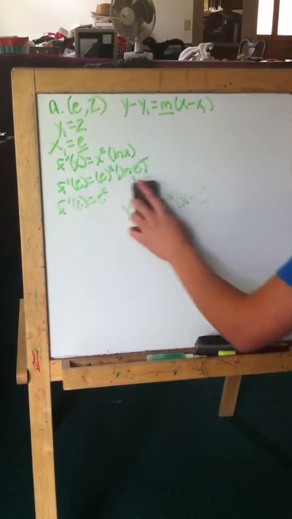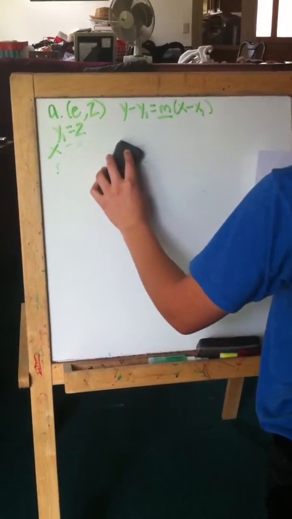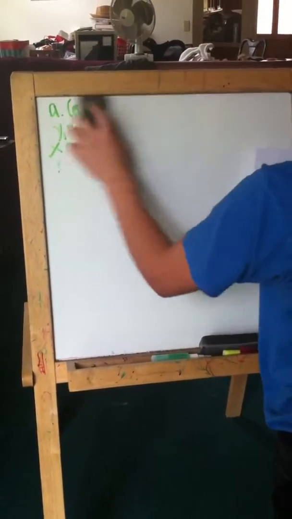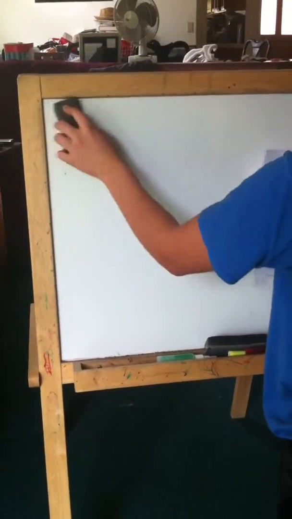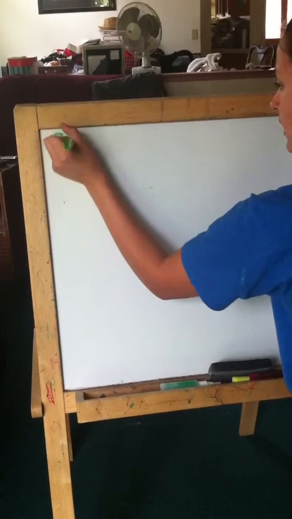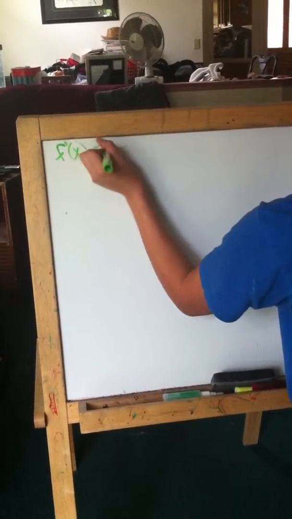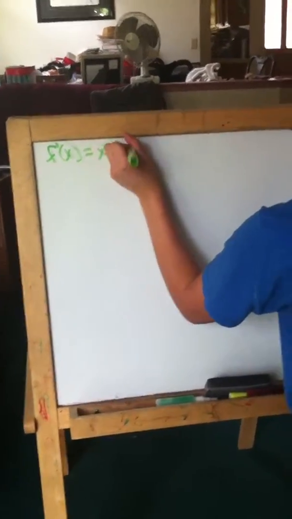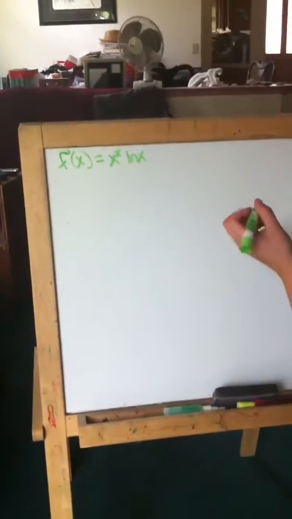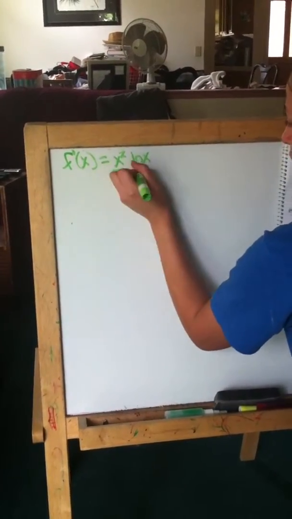For part B, it asks whether the graph of f is concave up or concave down on the interval 1 to 3, and to give a reason. They give you f prime of x, which is x squared ln x, and you have to find the second derivative using the product rule.